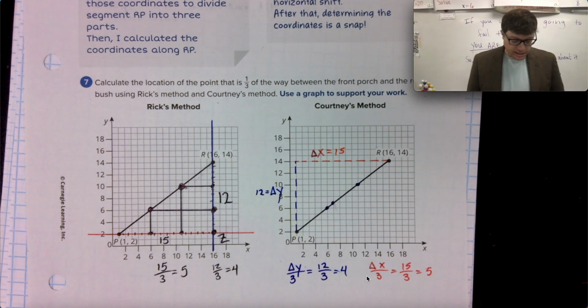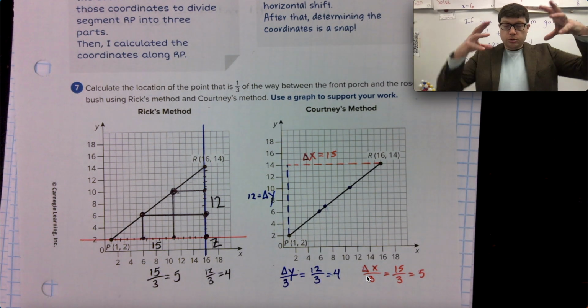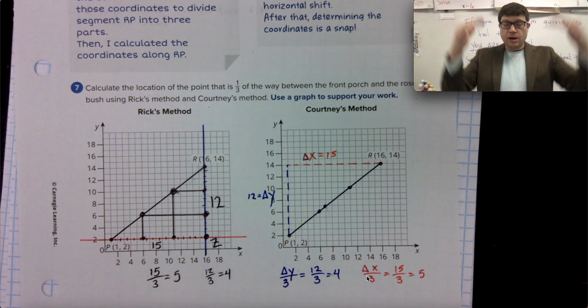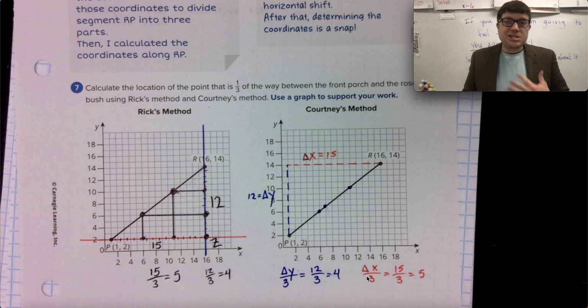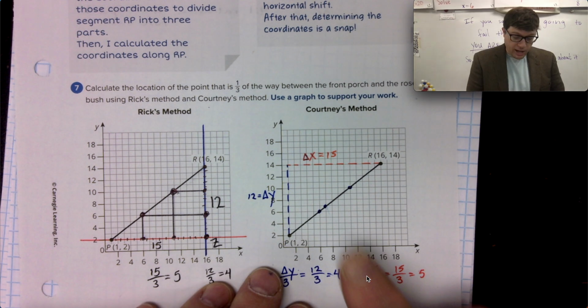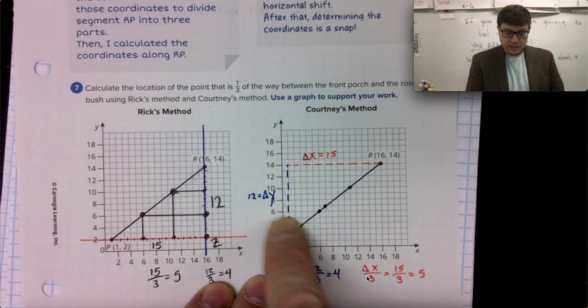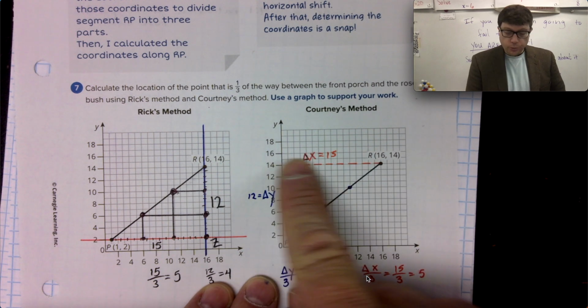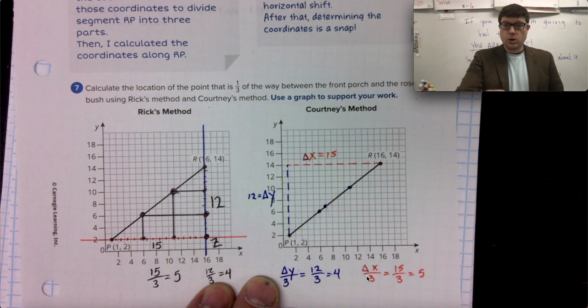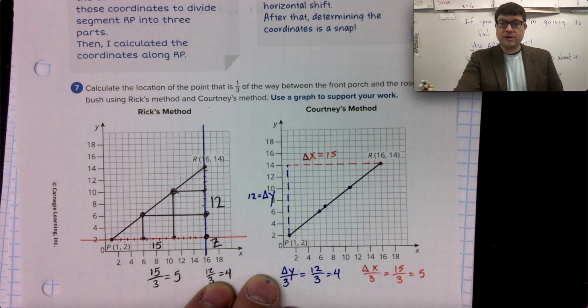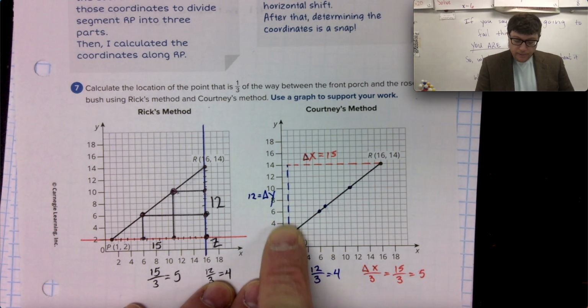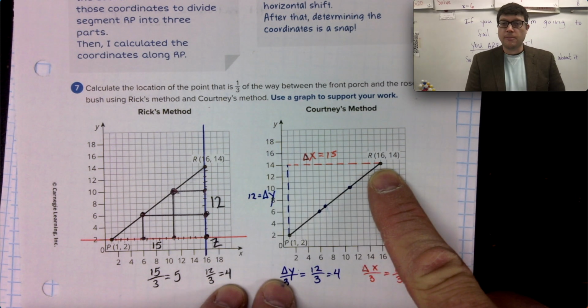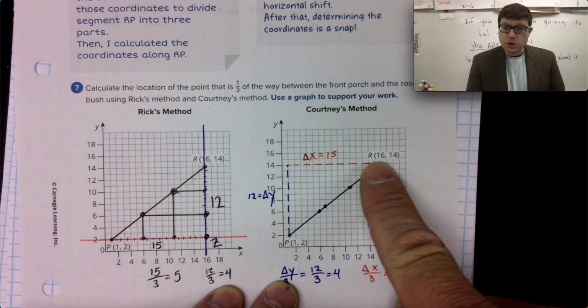Now, Courtney does the same thing, but in a different arrangement. Instead of forcing a vertical and a horizontal translation, she's thinking slopes. And when you think slopes, you have to think rise, as in the change in the y coordinates, over run, as in the change in the x coordinates. So she goes up from P and over from R to create this slope triangle.